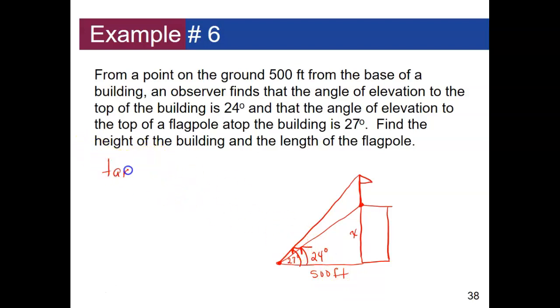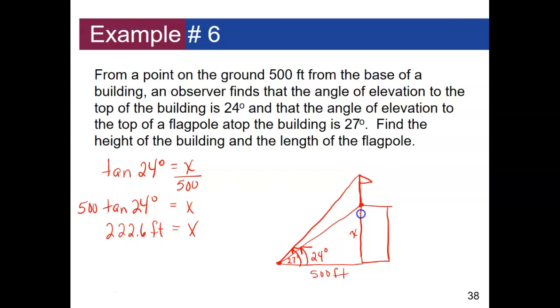So the tangent of 24 degrees is the opposite side, which is x, over the adjacent side, which is 500. So x is going to be 500 times the tangent of 24 degrees. So I get x is 222.6, and that is in terms of feet.